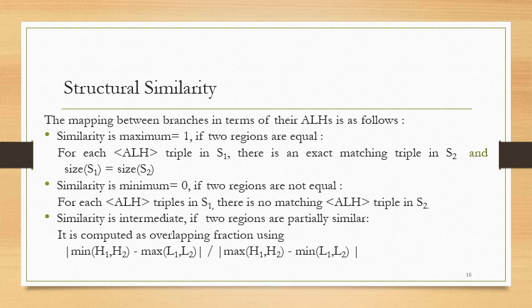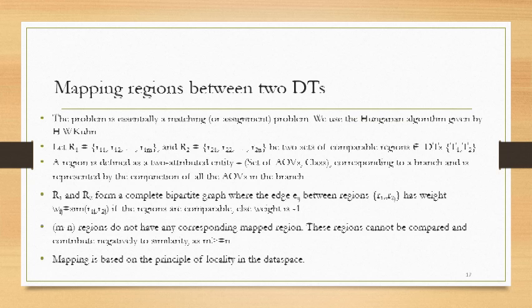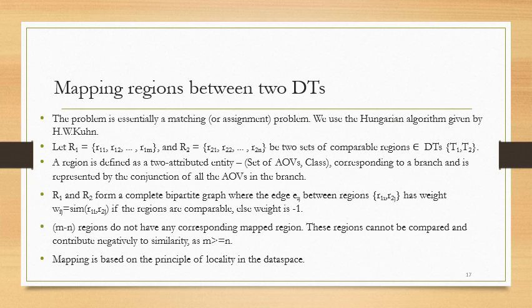To find that intermediate value, we have used a formula to find the overlapping fraction, and we can easily visualize this in the data space. If we create a 2D data space and figure out the overlapping of the two attributes, we'll be able to see that using this formula we are getting the value.